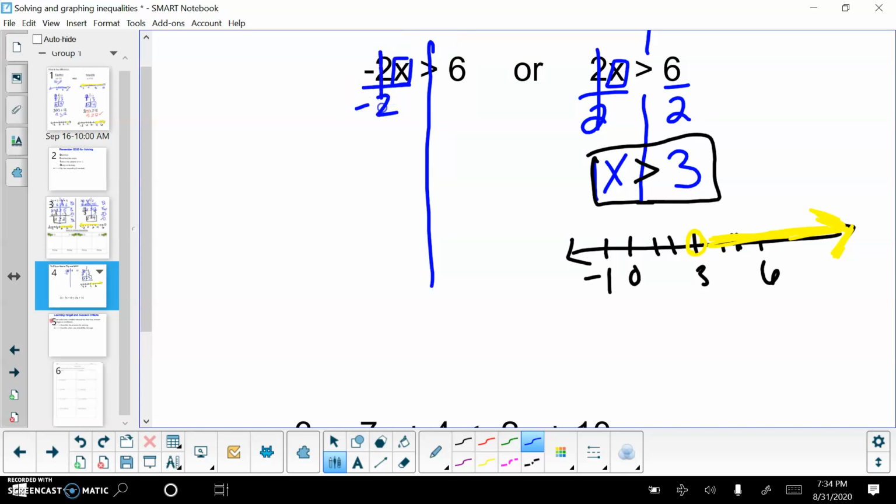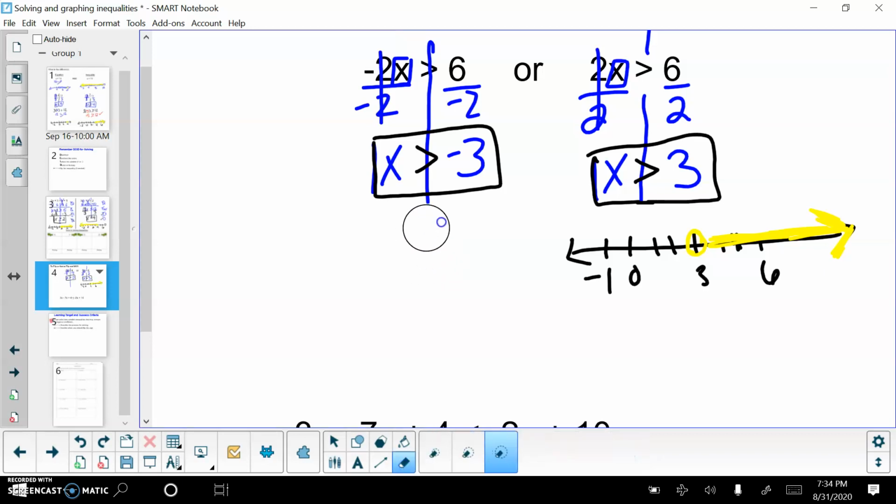And negative 2 divided by negative 2 is a positive 1, so I still get the 1x. And I'm going to divide over here. And 6 divided by 2 is negative 3. Well, if I just brought down the sign, this is what I would end up with. 1x is greater than or equal to negative 3. So far, looks fine, looks just like the other one.